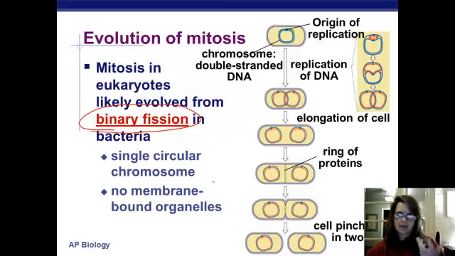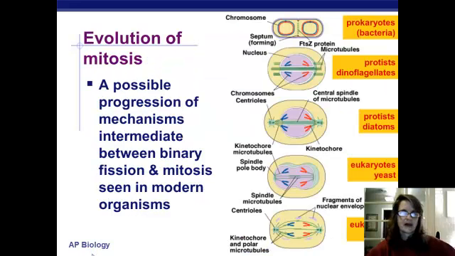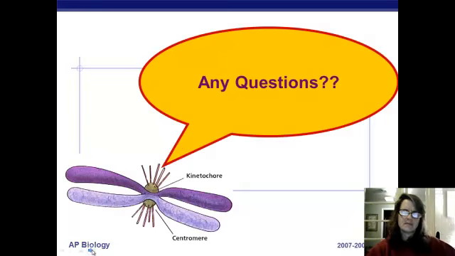It's quite different, but it is thought that this is the roots of mitosis. And many of the proteins and things used in mitosis are quite universal to all animals and plants as well. So it's a pretty ancient process for eukaryotes.